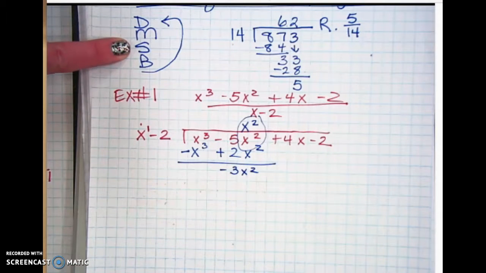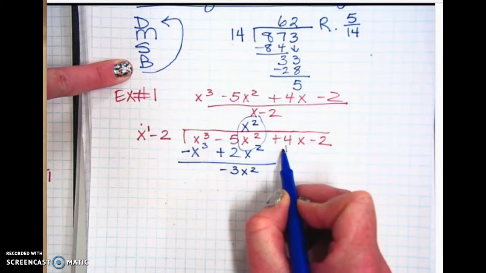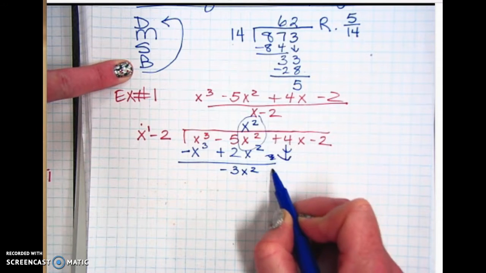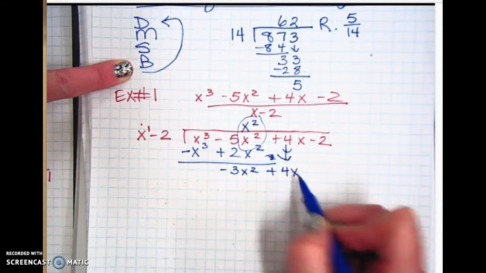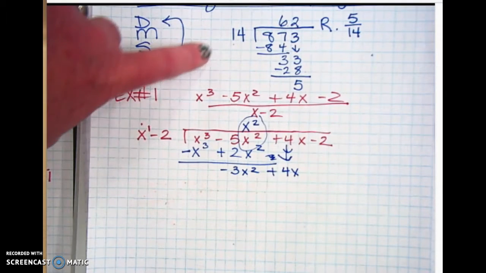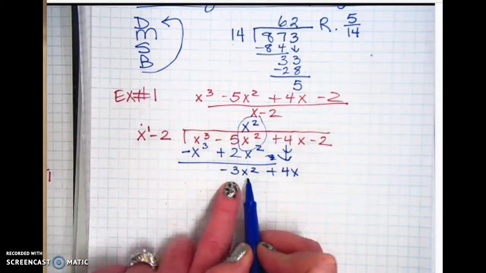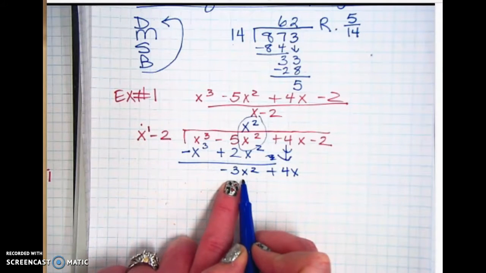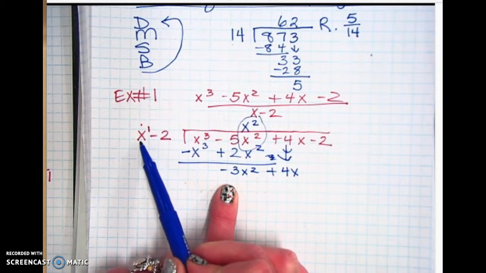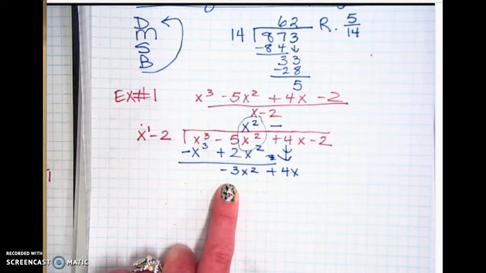That was our subtract. Now let's bring down. The next term to bring down is this 4x. So we're going to say plus 4x. Okay, then we go back up to the top, up to divide. So we need to take the negative 3x squared, because that's the next thing down here, and divide it by x to the first. So we know it's going to be negative, right?